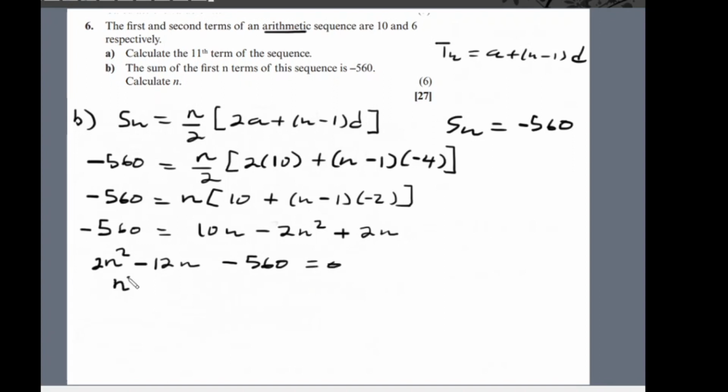Dividing by 2, we'll have n squared minus 6n minus 280 is equals to 0. Right, so you have a quadratic equation, which means you can use the quadratic formula. You can factorize if you can, and then I'll just use the quadratic formula.